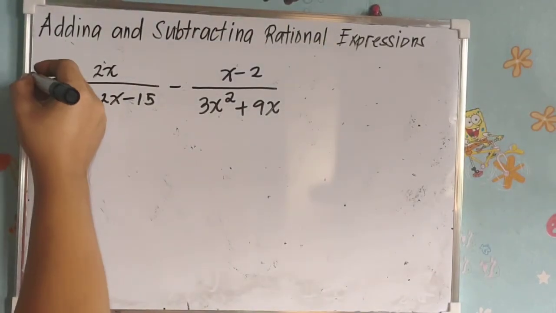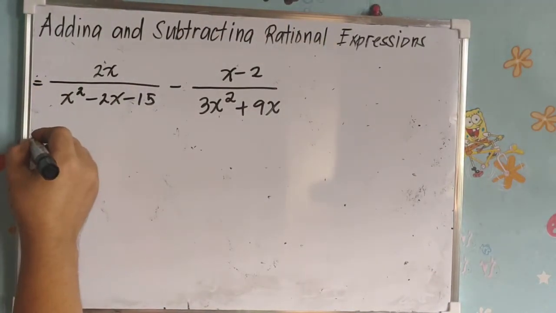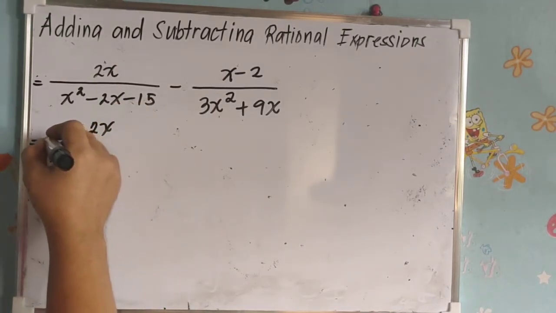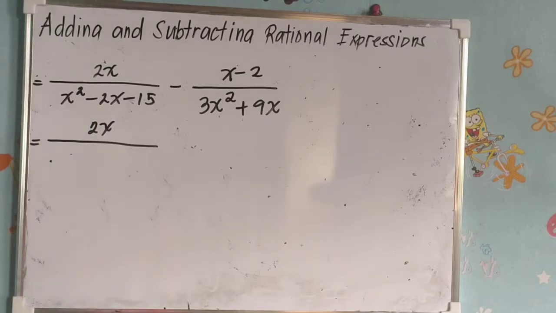Okay, that's it. So 2x. Factor out the denominators as completely as possible.